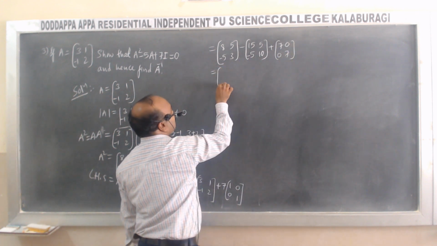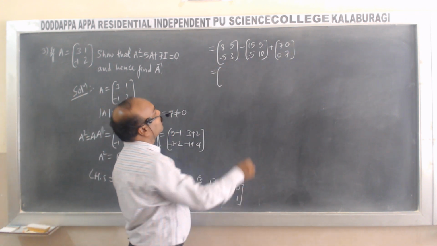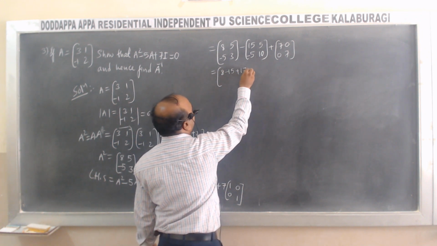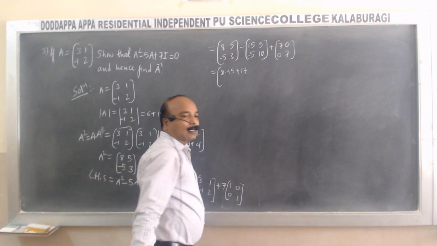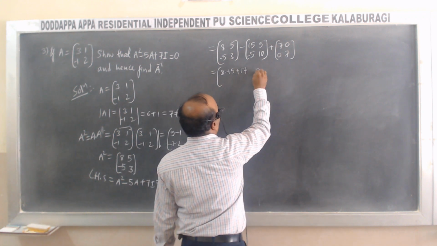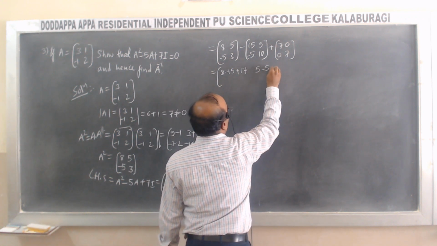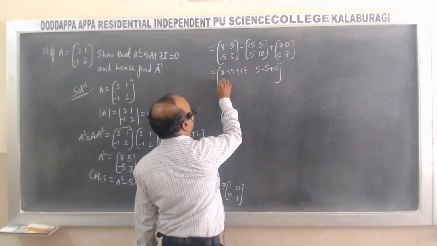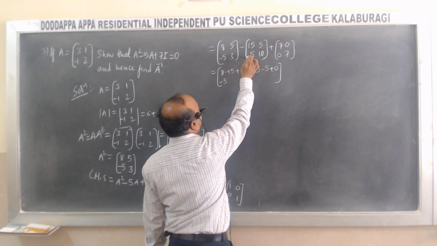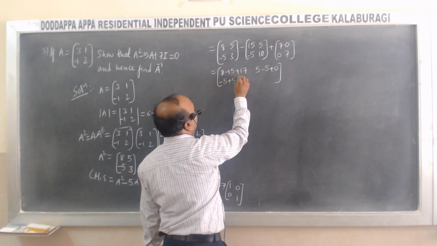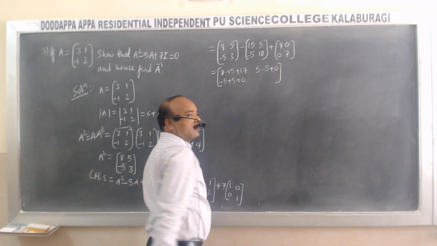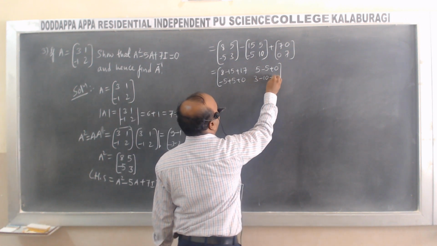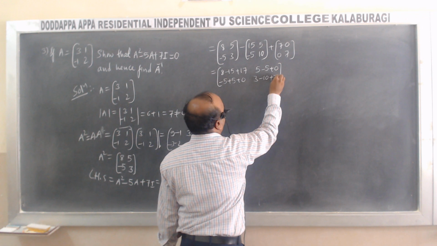Now we get it is equal to, it is 8 minus 15 plus 7. It is first element. Next second element is 5 minus 5 plus 0. Third element minus 5, minus into minus is plus 5 plus 0. Next 3 minus 10, it is plus 7.